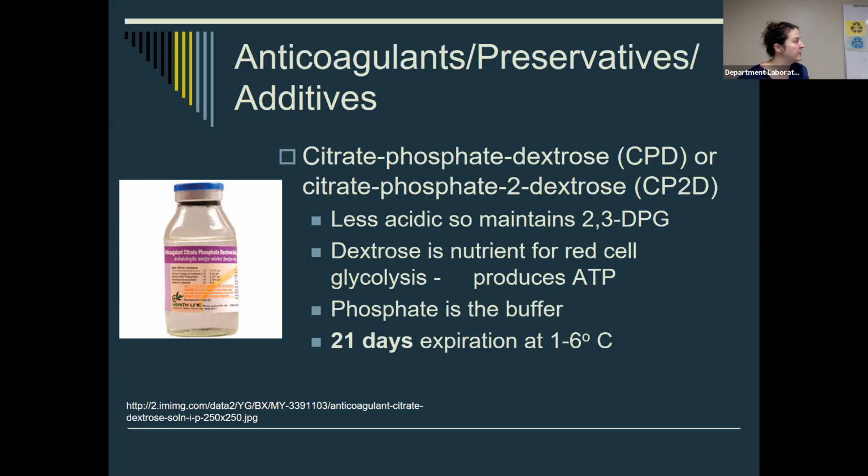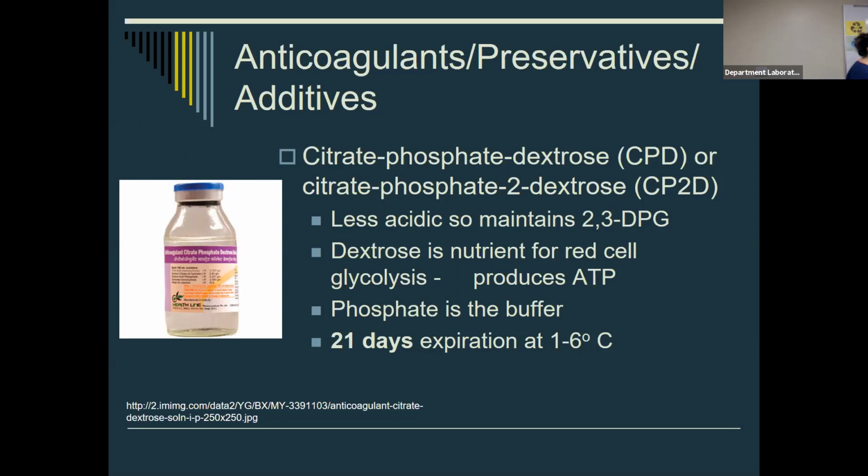And phosphate is just the buffer to maintain the pH. If CPD or CP2D is used as an anticoagulant, your shelf life is 21 days. You guys need to know that. CPD, CP2D, 21 days. That is a really good board of certification exam question.